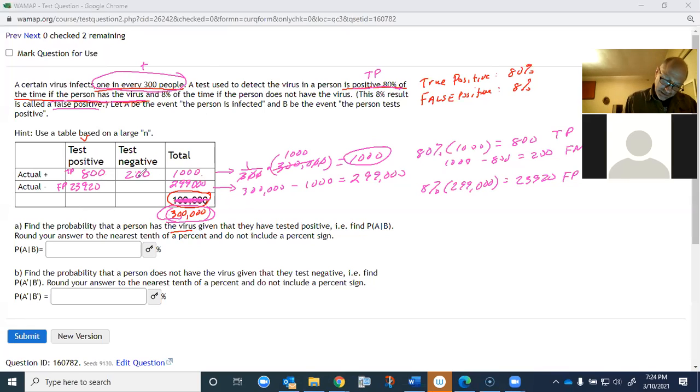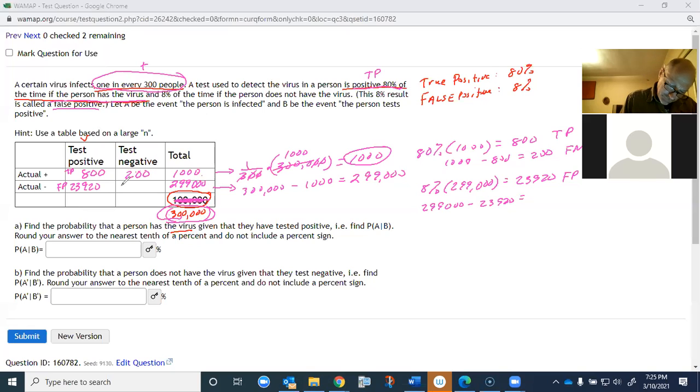Now, again, how are we going to get this testing negative value? We could take the 299,000 minus the 23,920. And that gives me 275,080.